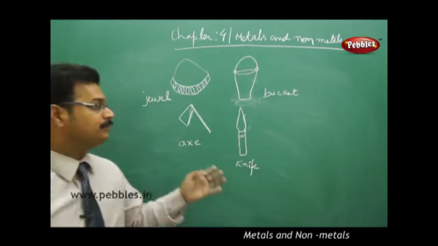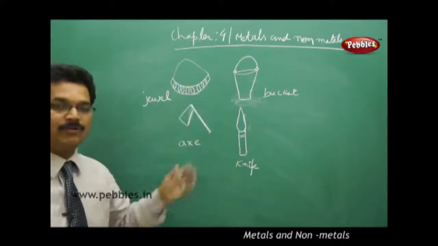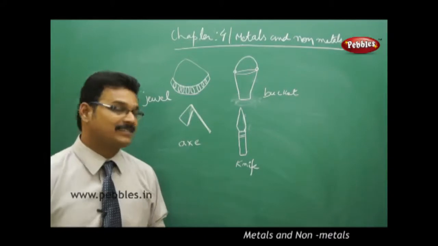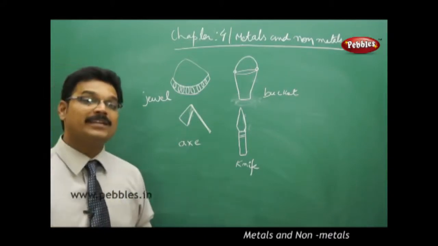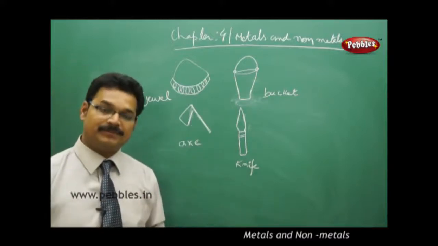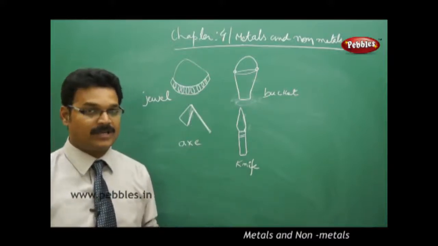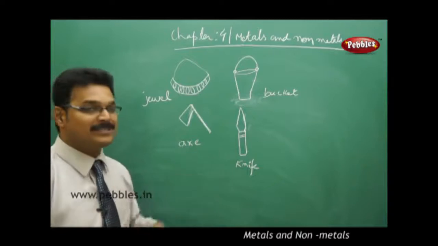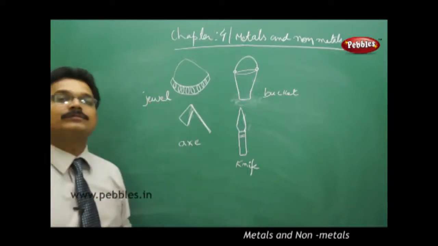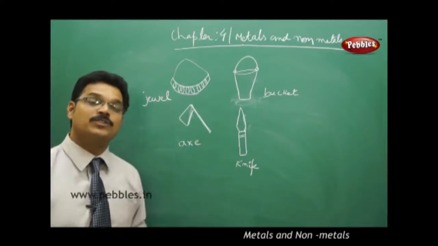If you observe these diagrams on the board, can you guess what type of materials are used to make these objects? Yes, you are correct. In these objects, you can see some metals inside. For example, jewelry. So what type of metal is used for jewelry?